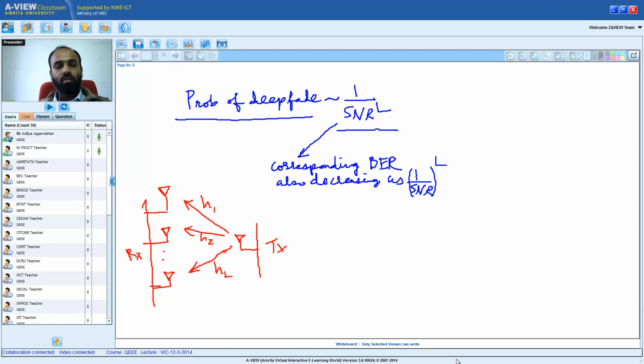Previously we said that in a single antenna system there is only one link. However, in a multiple antenna system there are L links. We have link 1, link 2, so on up to link L.